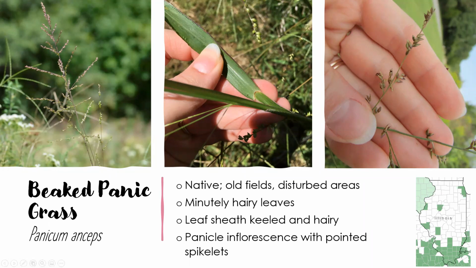Not super widespread, found mostly in southern Illinois, but a few scattered counties throughout the rest of the state. And with this one, it is one of 13 species of panicums across Illinois. And it's also important to point out that there's another group of grasses referred to as panic grasses, but they've been split out into a separate genus, the Dichanthelium genus. And we'll look at those separately next.